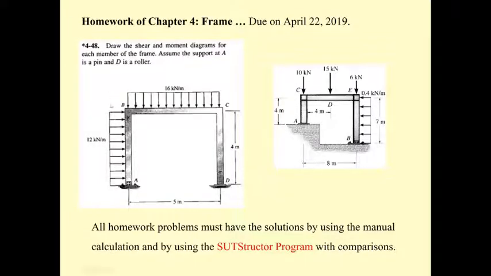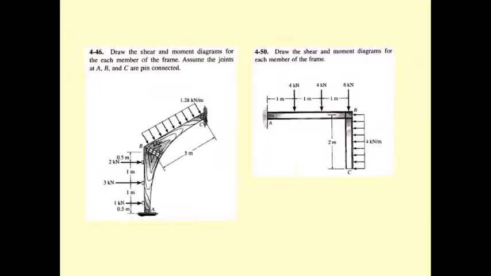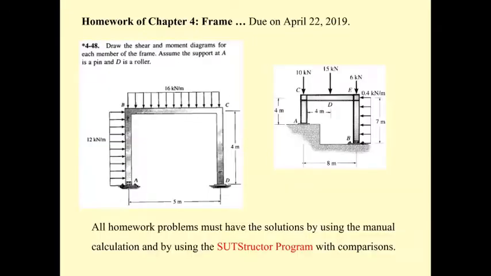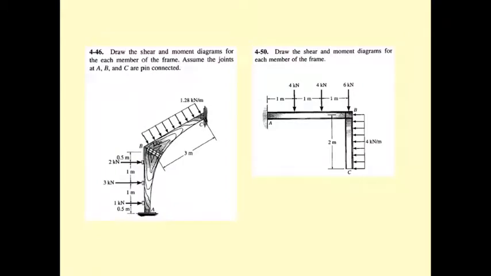And then you input the configuration of the frame, the loading, and the support into the computer program, which is going to produce the output for you. And then you compare the results. They must be equal. If not, there is some problem. We're going to have 3 problems for the beam and 4 problems for the frame.